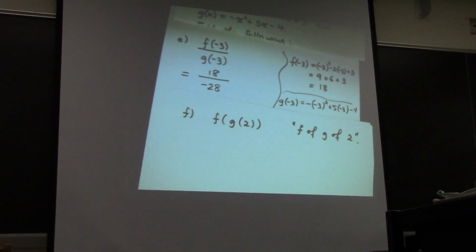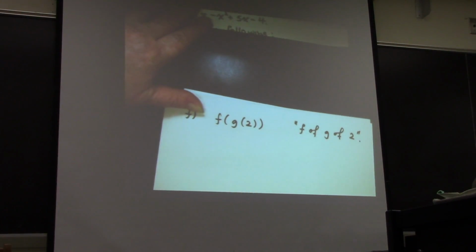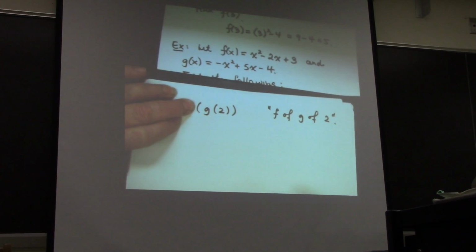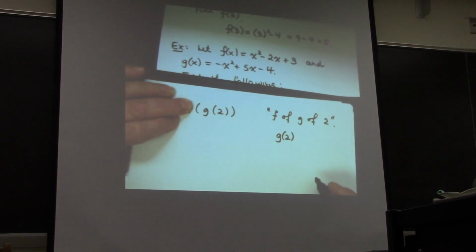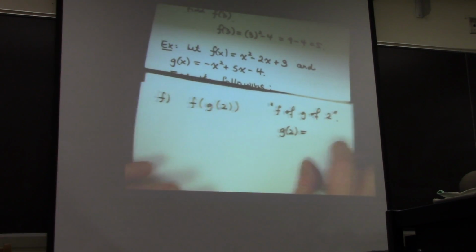F of g of 2. Now, to find f of g of 2, what do I have to find first? Okay, so I can't find f of g of 2 until I found g of 2. So let's find g of 2 first.